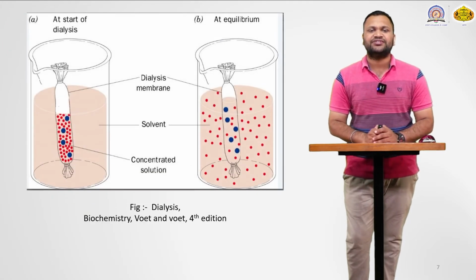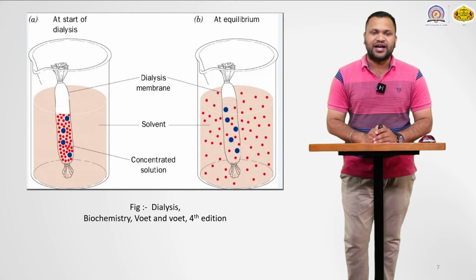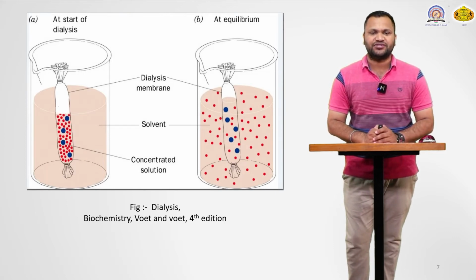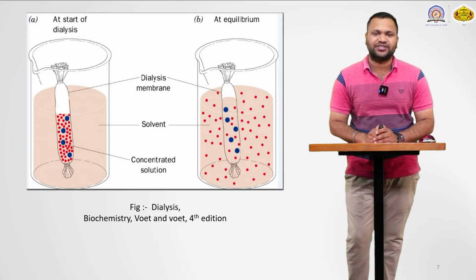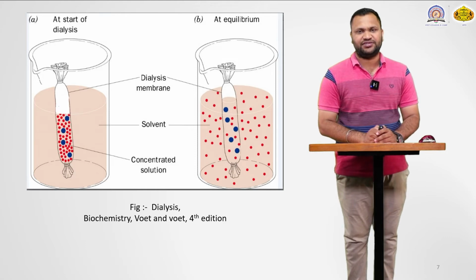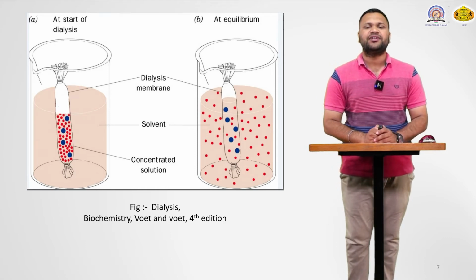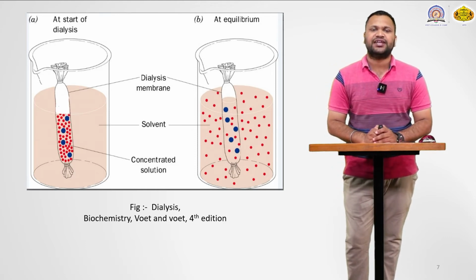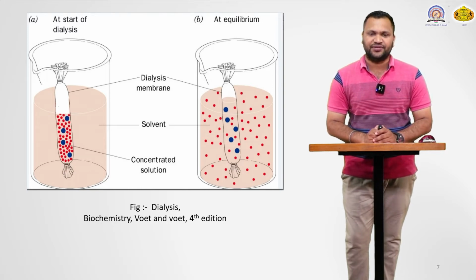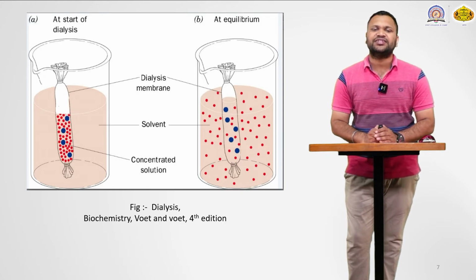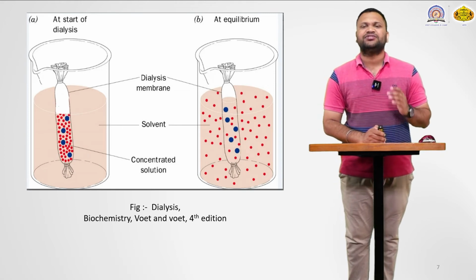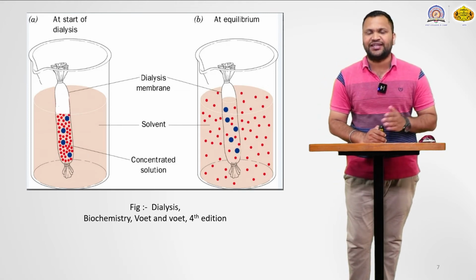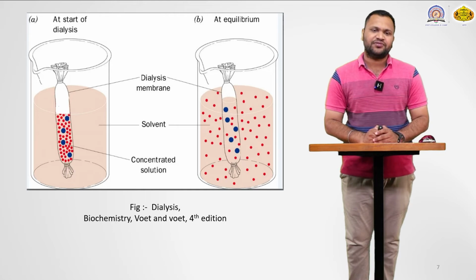Here inside the dialysis membrane, the concentration of small molecules is higher, so they will diffuse from high concentration to low concentration until equilibrium is reached. Here in B, it is the position of equilibrium. So by this dialysis technique, separation as well as concentration of the product takes place.